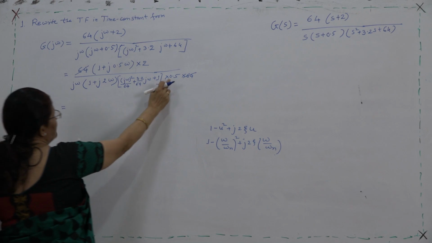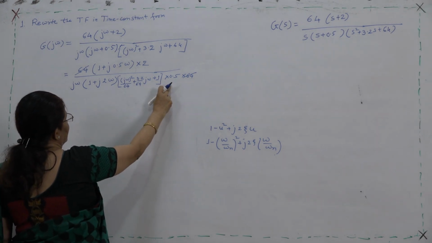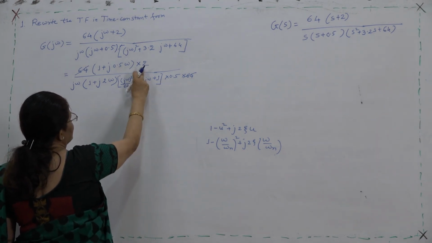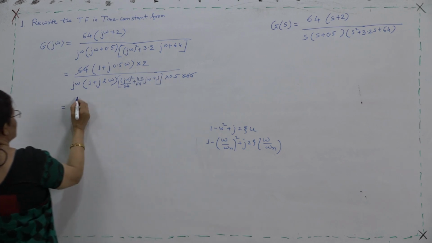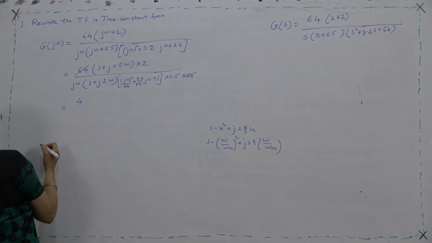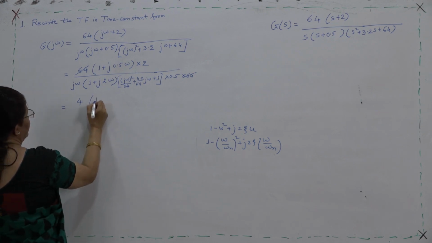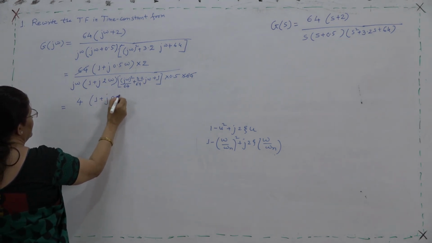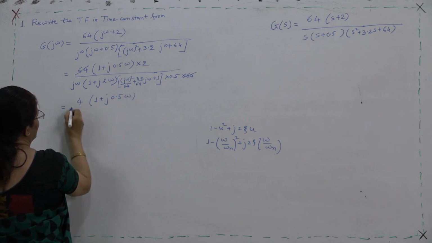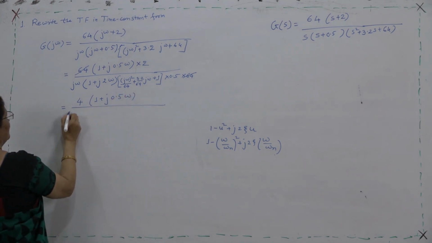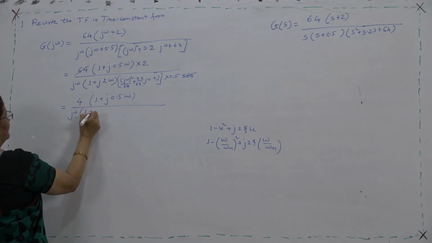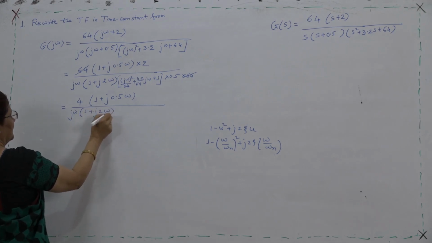So, what we will get, 0.5 at the denominator and here it is 2 upon 0.5. So, you will get here 4 into 1 plus j 0.5 omega upon j omega into bracket 1 plus j 2 omega.